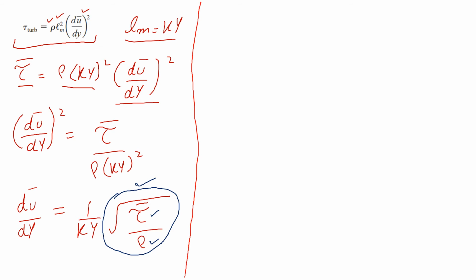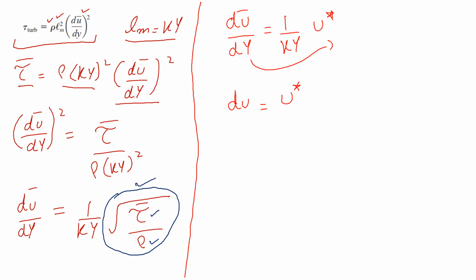So our equation will now look like this: du/dy is equal to 1/(ky) times u star, the shear velocity, and by taking dy to this side, now we can integrate it. So let's do that. du is equal to u star, which will come out of the integral, over k, and the integral will contain dy over y.